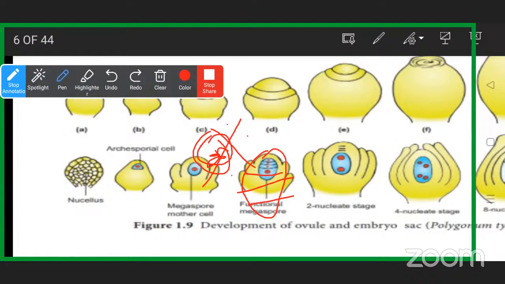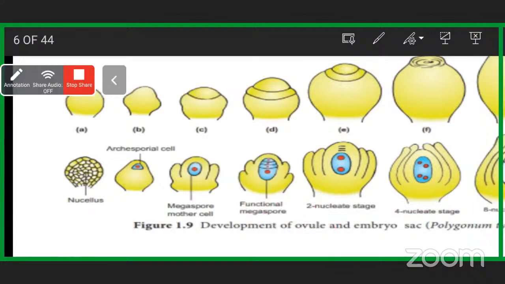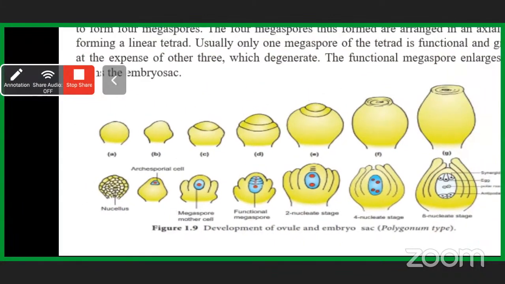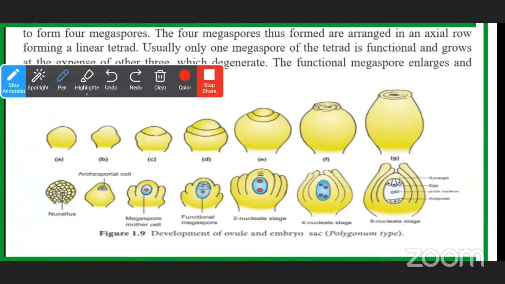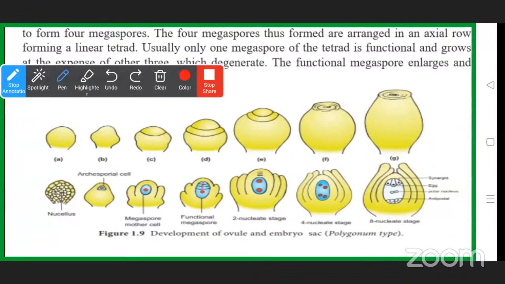After that, the chalazal end 3 will degenerate, and the micropylar end 1 megaspore will remain. That cell again takes the first mitotic division, forming 2, and the next mitotic division forms 4 cells. And then later it takes another mitotic division, not a meiotic division.